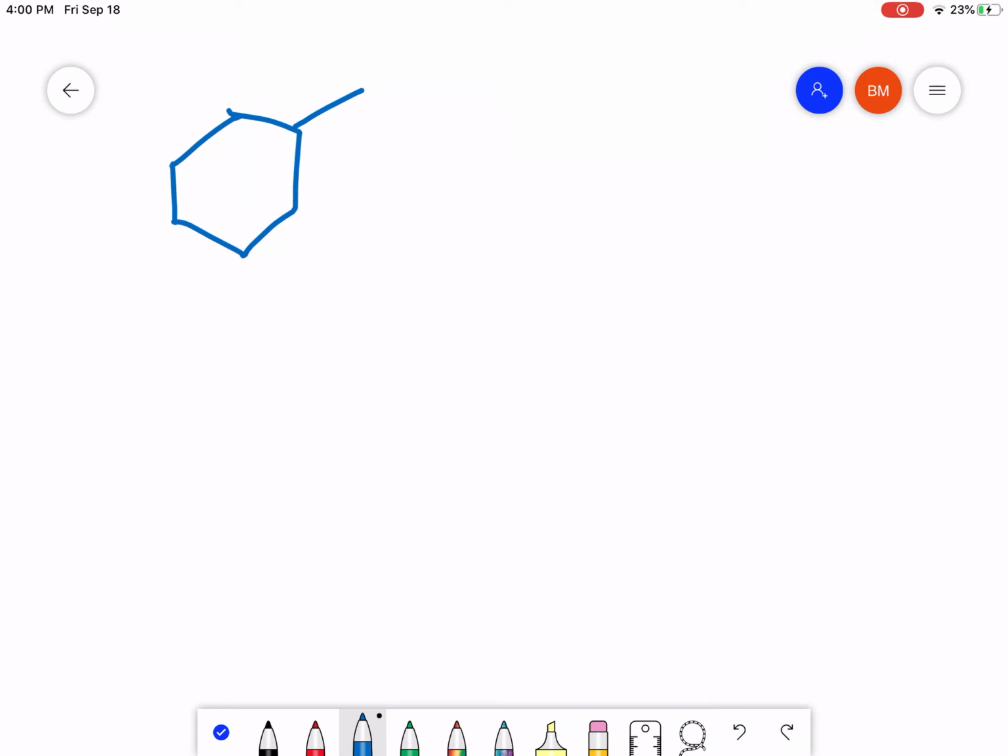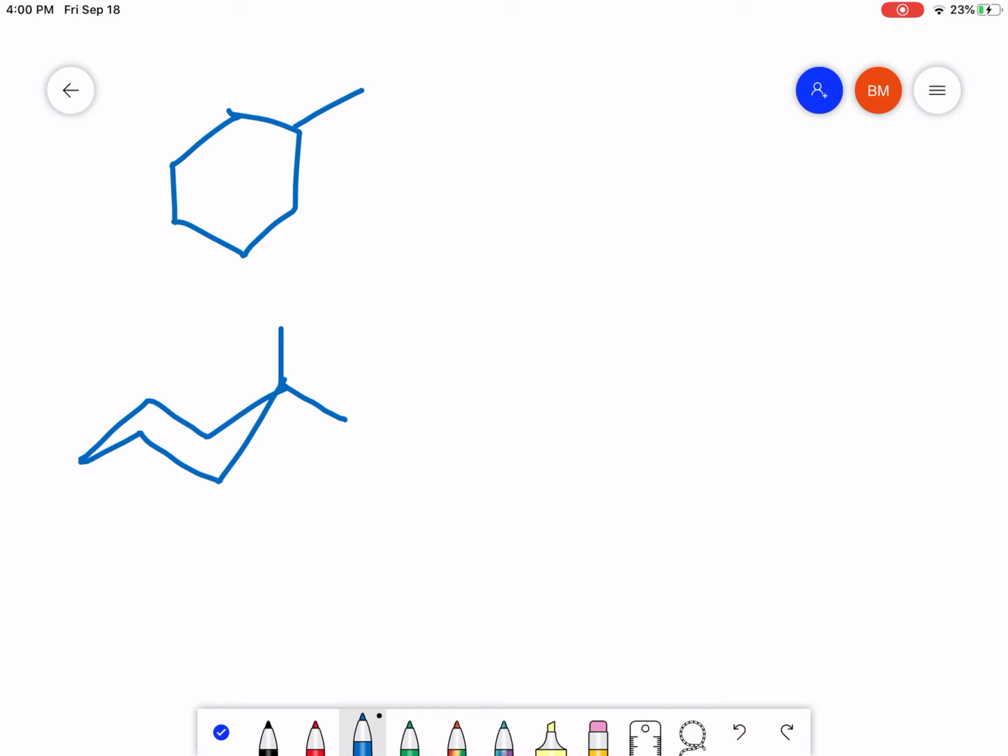If I wanted to represent this in a chair conformation, I can just pick any one of the carbons. Doesn't matter which one, because no matter which carbon I put it on, by nomenclature, by definition, it's number one. I usually like to pick the end carbons to work with whenever possible. So I'm going to go ahead and draw the axial and equatorial bond on the end carbon, and I'm going to call that carbon number one.